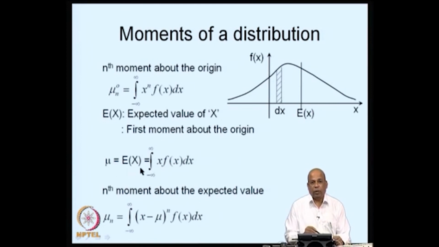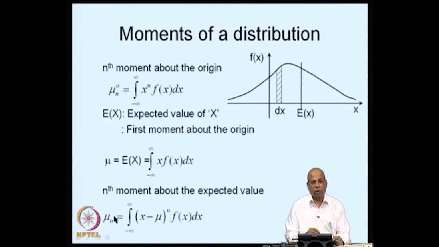Once we define the expected value, we have fixed the expected value like this here. We start taking moments about the expected value itself, and we define the nth moment about the expected value as mu n. We do not put the O or 0 there.